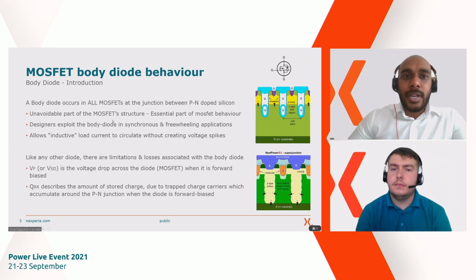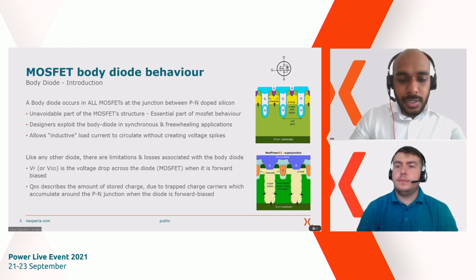This unavoidable part of the MOSFET structure, yet an essential part, is important for the MOSFET behavior itself. Designers exploit the body diode in various applications, including synchronous and freewheeling applications. This body diode allows inductive currents to circulate without creating voltage spikes.